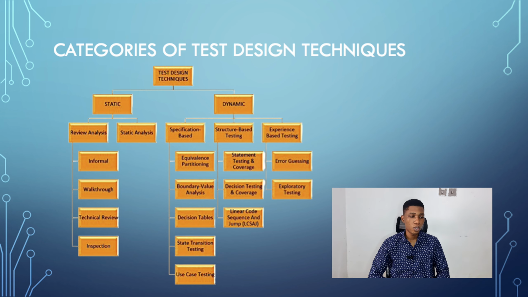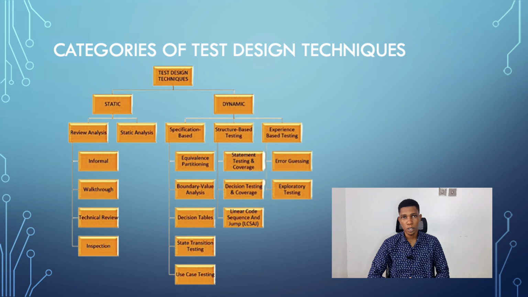categories, right? We have structure-based techniques, we have experience-based techniques, and we have specification-based techniques, right? Structure-based techniques can also be called white box techniques, right? You have some knowledge of the system, right?